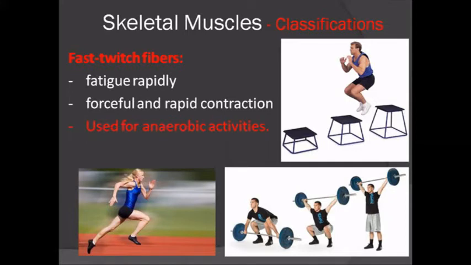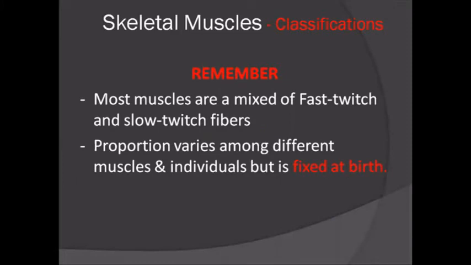So this kind of activities requires explosive movement or maximum effort for you to be able to do this kind of activities. And remember that most muscles are a mix of fast twitch and slow twitch muscle fibers, and proportion varies among different muscles and individuals, but is fixed at birth.